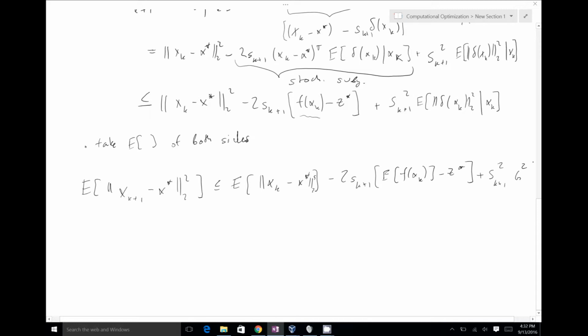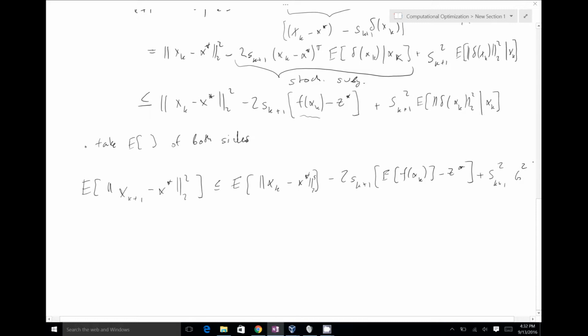So we're getting somewhere really nice. In particular, what did we do here? On the left-hand side, we have an expression of how far the k plus first step is from the optimal. And on the right-hand side, we have an expression of how far the kth step is from the optimal. And then there's some terms here.